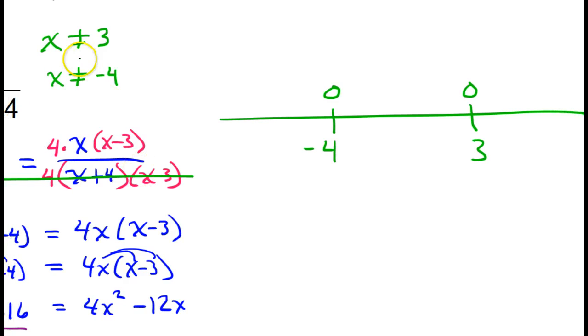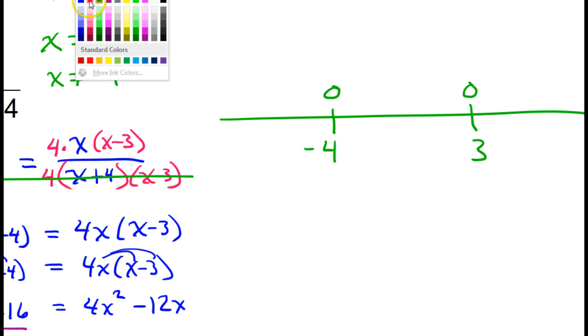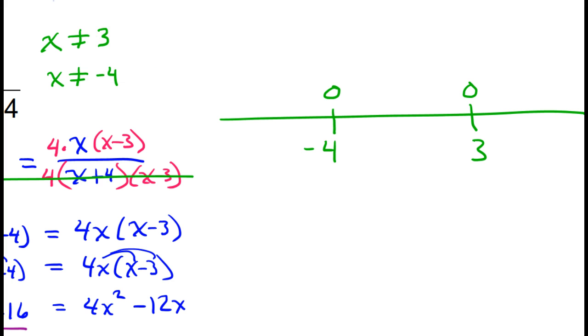Well, excluded values are always open circles, so I definitely leave these open. So now I need to pick some test values to put in between. So over here, I just need something less than negative 4. So for example, negative 5.